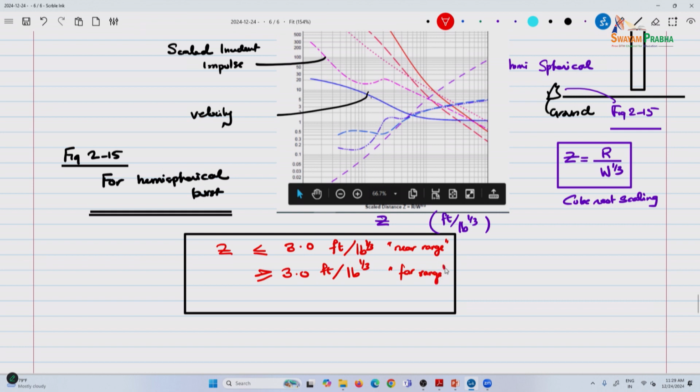What does that convert to? Dividing by 2.5, 3.0 by 2.5 is roughly 1.2. So this is 1.2 meters per kg to the one-third, and anything greater than 1.2 is far range.